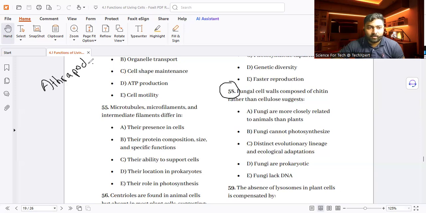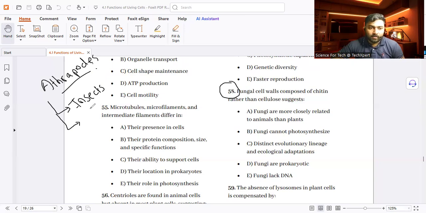Can you give me an example of arthropods? Don't you know? Insects. Insects are one example of arthropods. Okay, only one example.